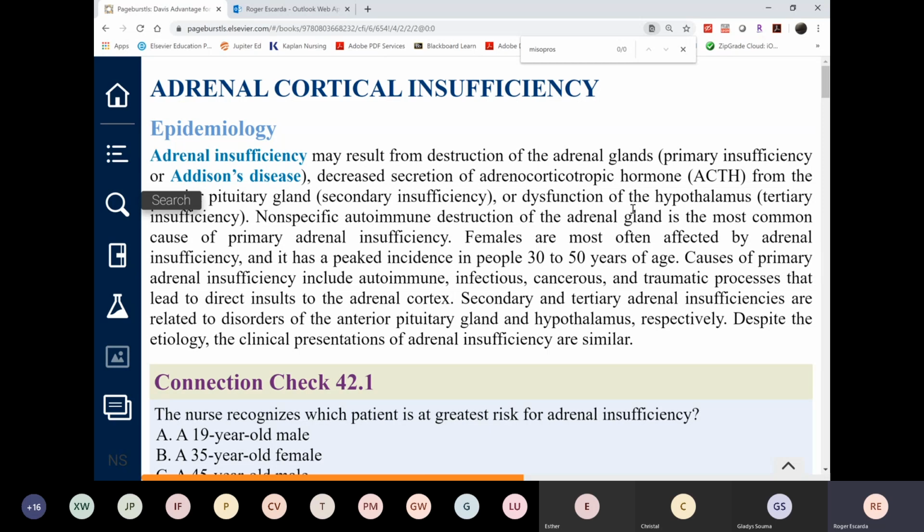It can be secondary if the problem is from the master gland. Because remember, the pituitary gland controls all these glands. So it will be secondary if the problem isn't that endocrine gland itself, but rather the master gland, which is defective. So the master gland, which is the pituitary gland, can either be hyper or hypoactive, which will affect all other glands under its control. Are you with me so far?